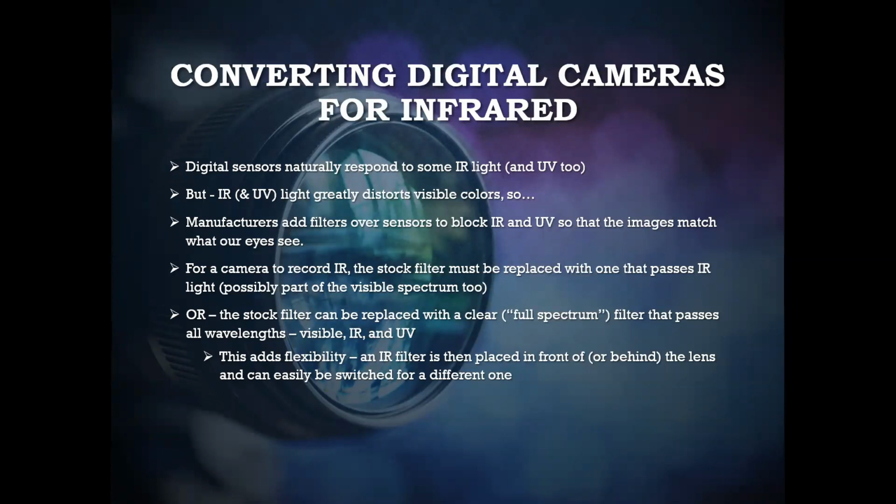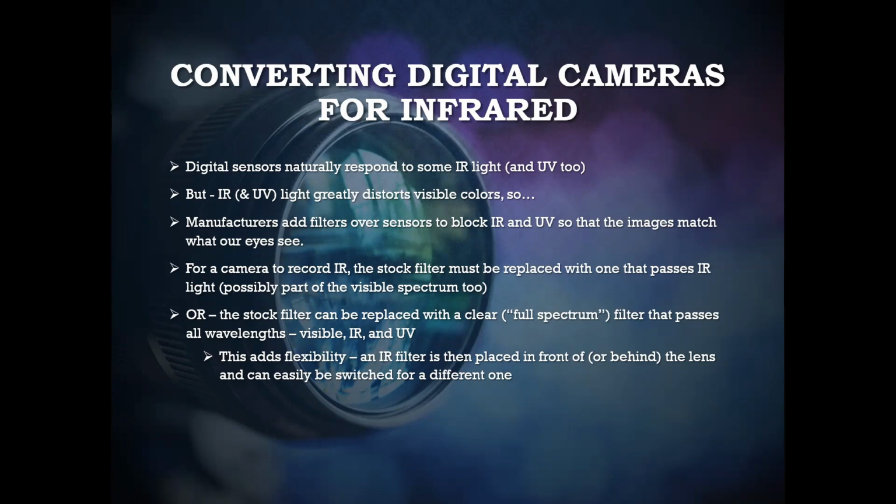Converting digital cameras. I already covered this a little bit, but digital sensors naturally respond to some infrared and ultraviolet light as well as visible. So cameras are made with filters over the sensor to block that light. For a camera to record infrared, all you have to do is have someone remove that filter and replace it with one that passes infrared.